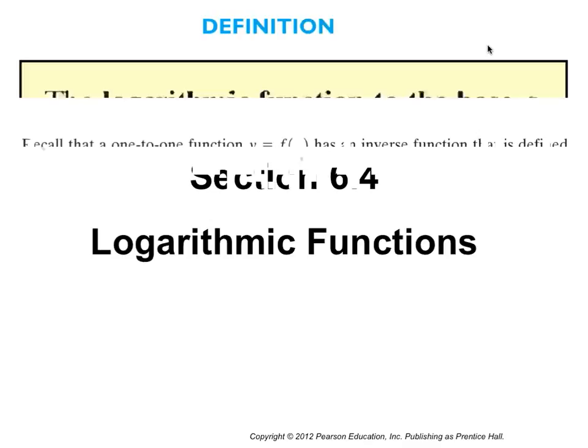My suggestion would be to put y equals log base a of x on one side of a note card and x equals a to the y power on the other side to make sure that you understand this. The domain of the logarithmic function is anything where x is greater than 0. In this case, that's because we have log base a of x. What we need to have happen is whatever we're taking log of needs to be greater than 0. So you'll see that this gets a little more complicated in just a bit.